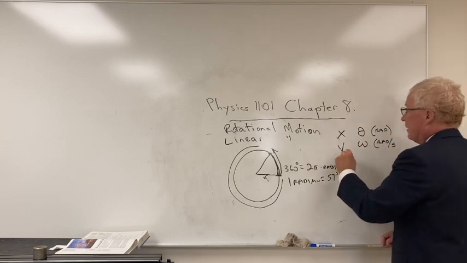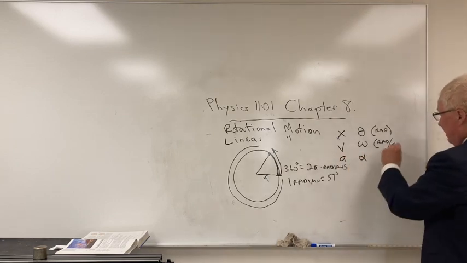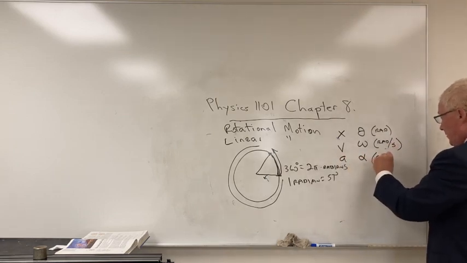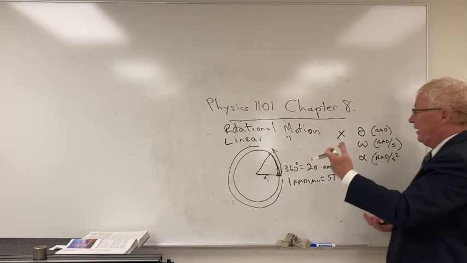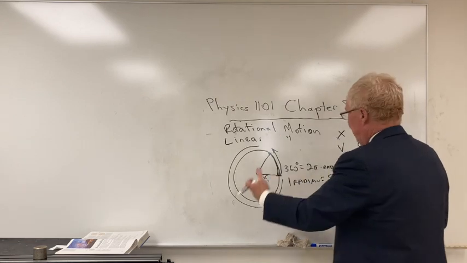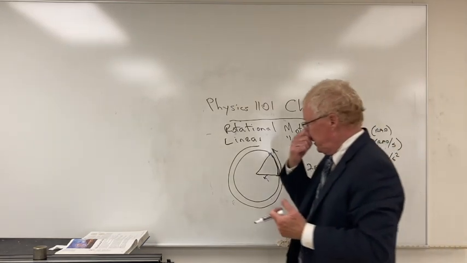And then instead of acceleration, we'll have alpha, which is in units of radians per second squared. So it'll actually be an angular measurement.